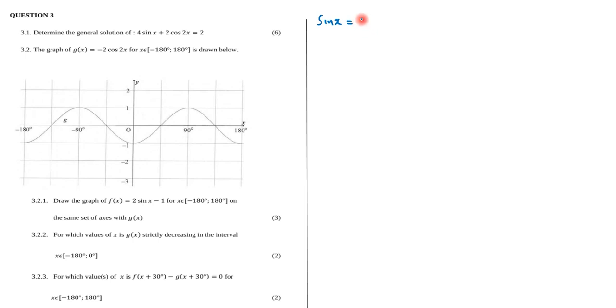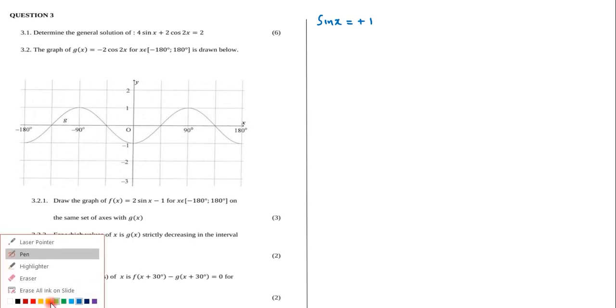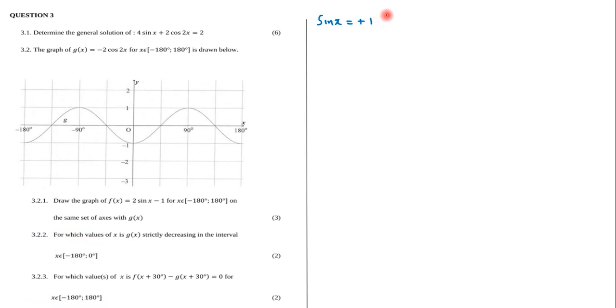Let me just write it as positive 1. Here again, we're going to be doing the same thing. Here, x is going to be a general solution. This positive sign means we're going to be looking only at the quadrants where sine is positive, and in this case, it's going to be quadrant 1 and quadrant 2.